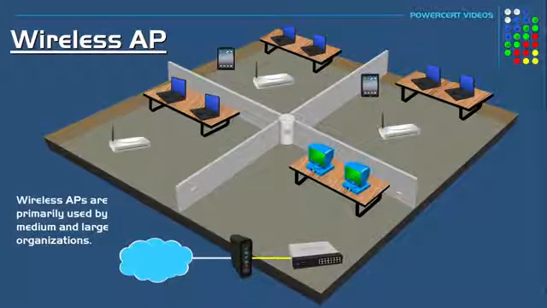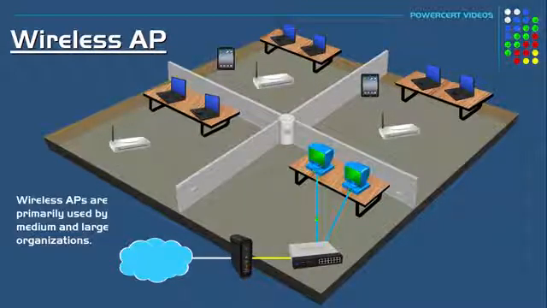So for example, here we have a medium-sized office, and this office has desktop computers, laptops, and tablets. So the desktop computers will connect to the organization's router using Ethernet cables. But in order for the wireless laptops and tablets to connect to the network, this office is going to use wireless access points.